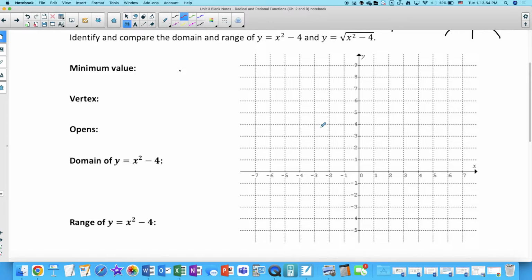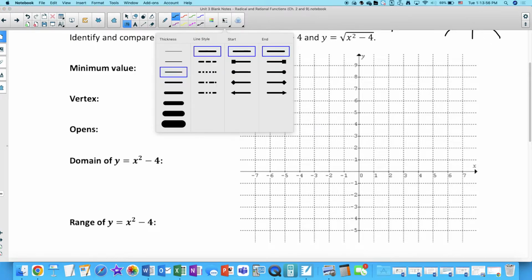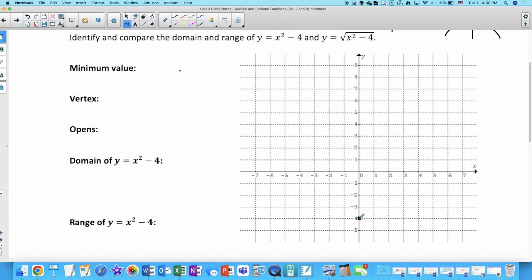Yeah, so that's where the vertex is going to go. It will go at 0, -4, because the original one would have been here, right? Maybe let's graph the original one first, then we can move everything down 4. Okay, so the original would have had -2, 4, -1, 1, 0, 0, 1, 1, 2, 4.